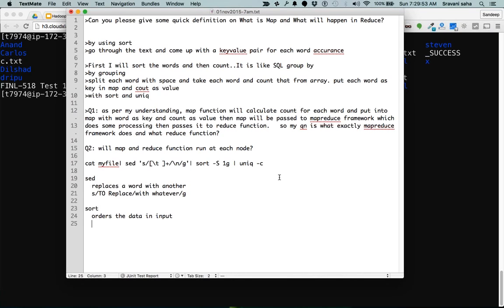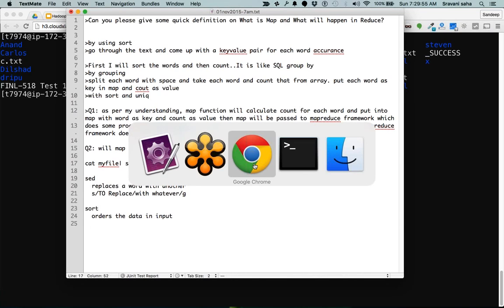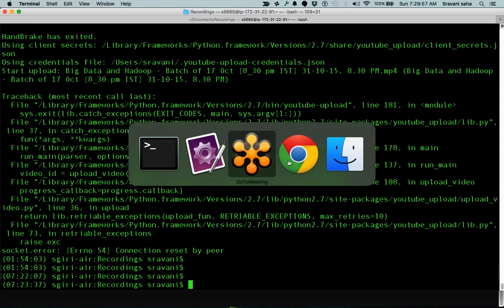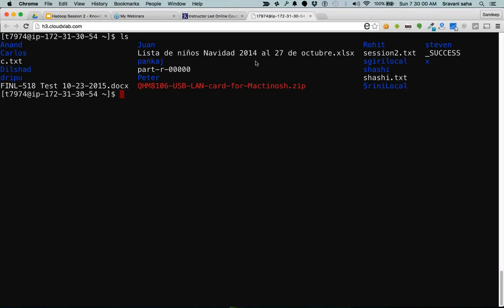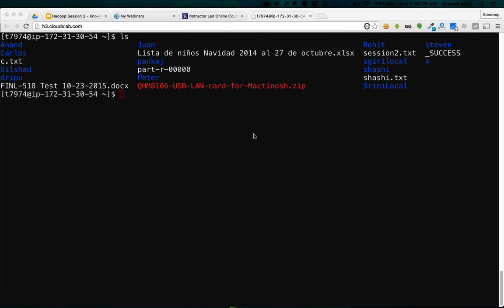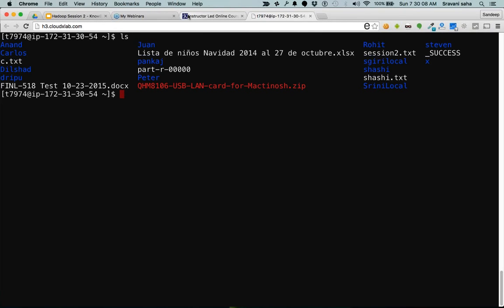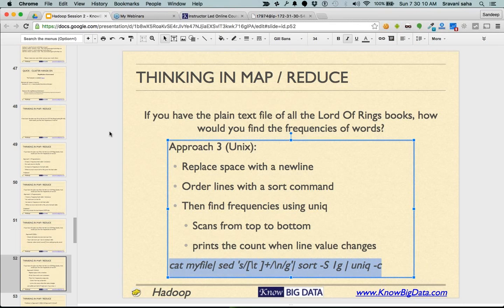Yes, because awk is a very powerful tool. You can do a lot of things with awk. I mean, almost everything could be done with awk, just like we can do it with any programming language. All right.